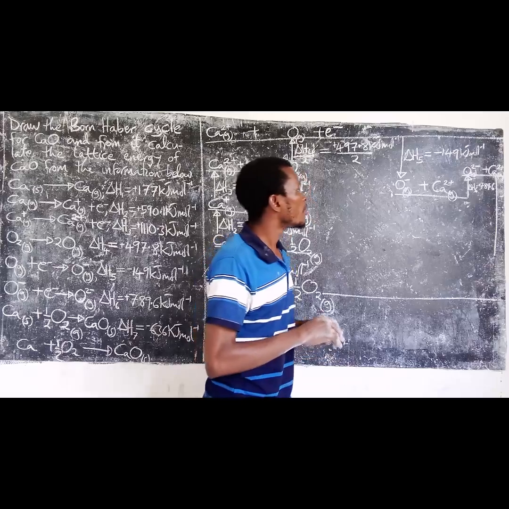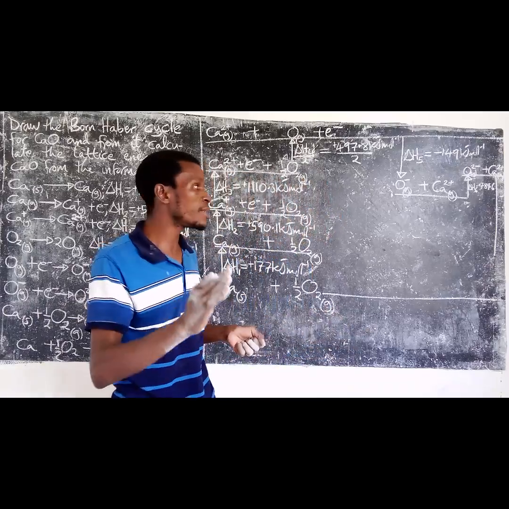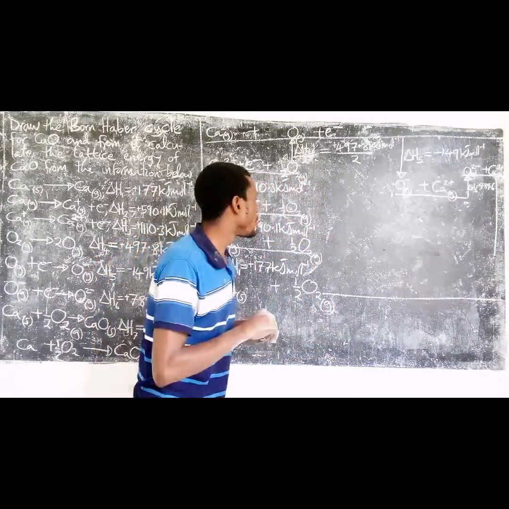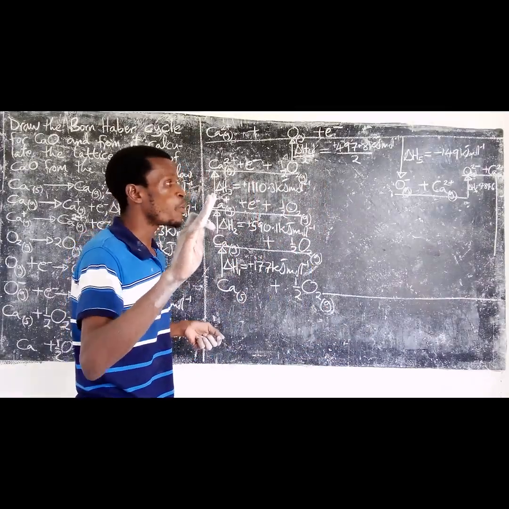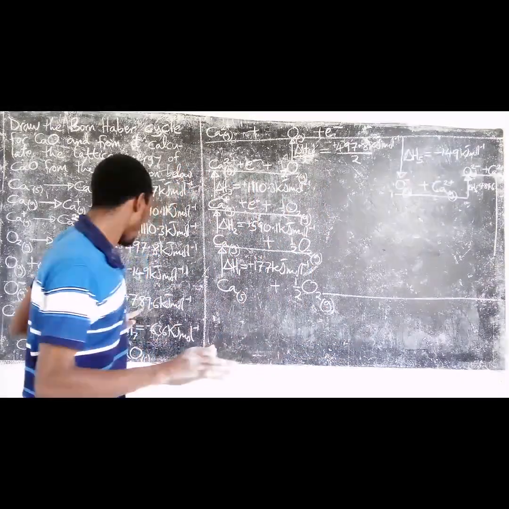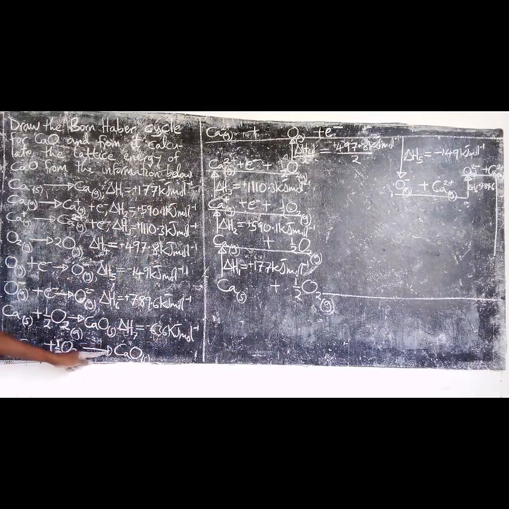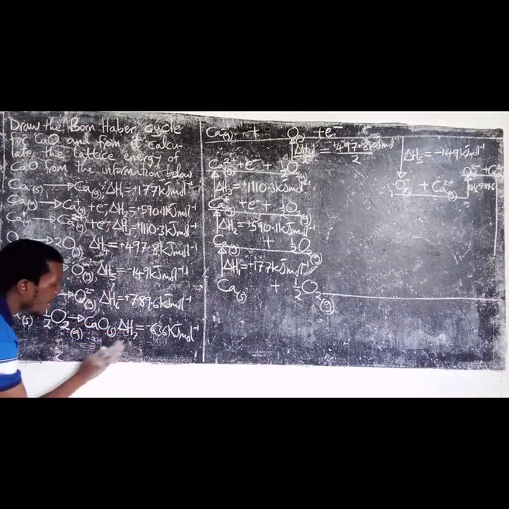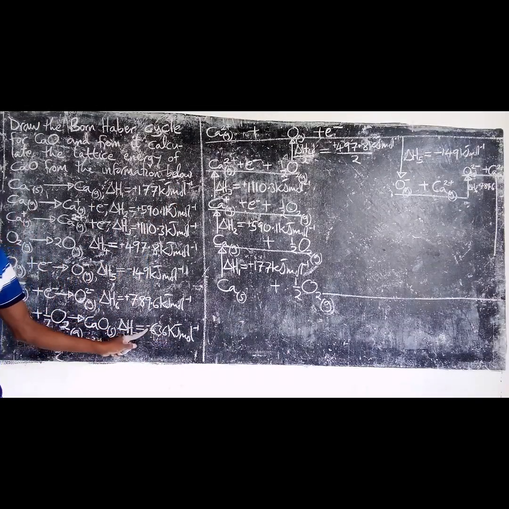In order for us to know where the product is formed, we have to look at the heat of formation of the product, calcium oxide. The heat of formation of calcium oxide is negative 636.